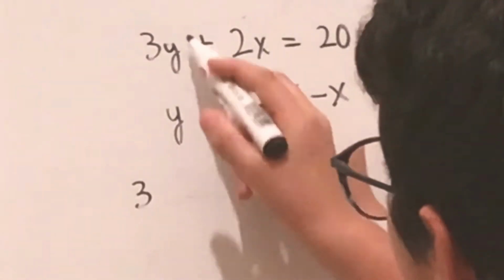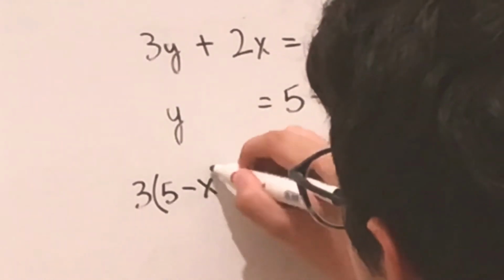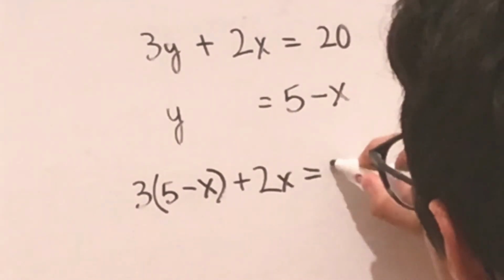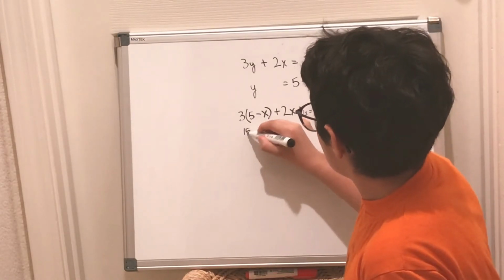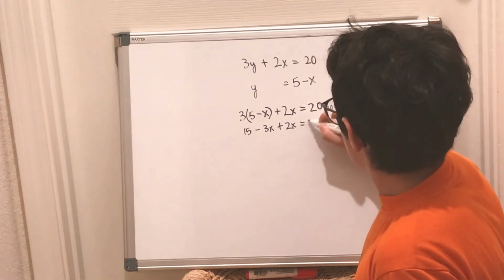So 3, and now instead of y, we substitute 5 minus x. I hope you see what I'm getting at. Plus 2x equals 20. Then we multiply, so 15 minus 3x plus 2x equals 20.